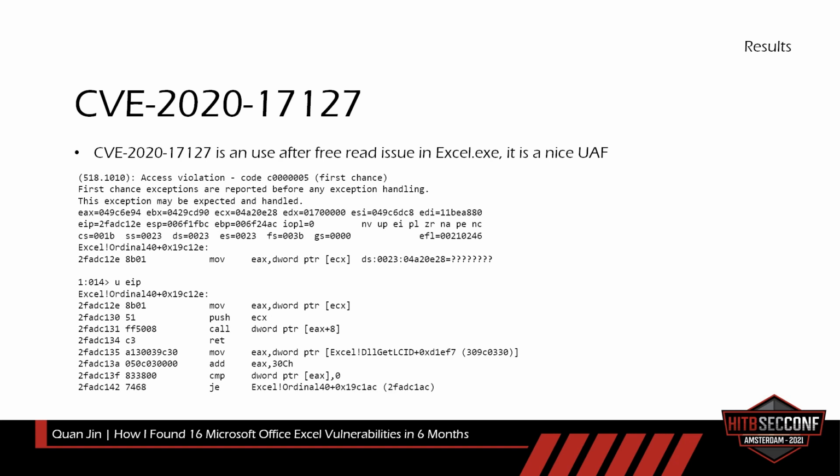We can say it tries to read a virtual function table from ECX and saves it to EAX, and then it tries to read a function address from EAX plus 8 and call this address. So I think it is a nice UAF. Unfortunately, this vulnerability only affects Office 2010, but I still think it's a nice UAF.